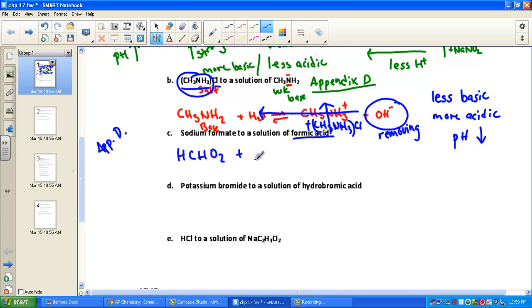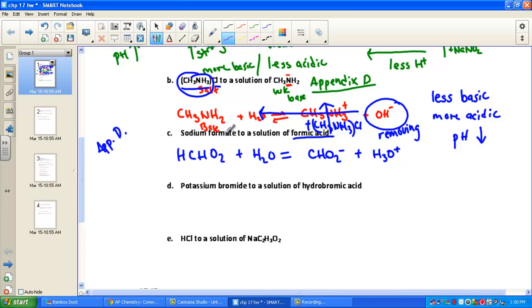Formic acid is a weak acid. It's found on a Ka chart. So therefore, the equilibrium will have formic acid form its conjugate base, and the conjugate acid of water, hydronium.